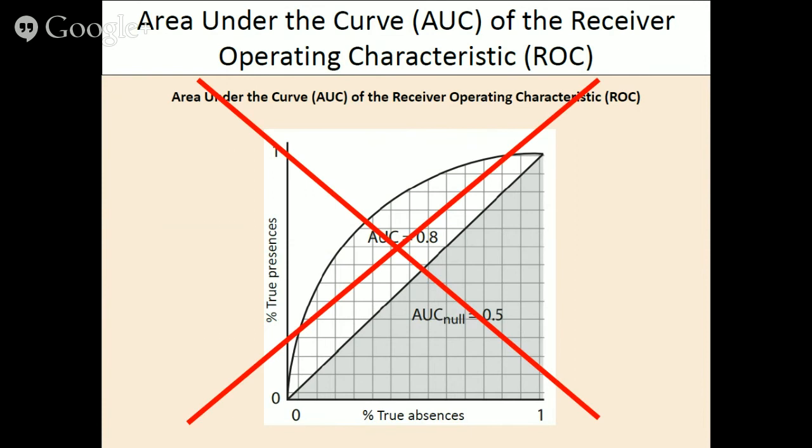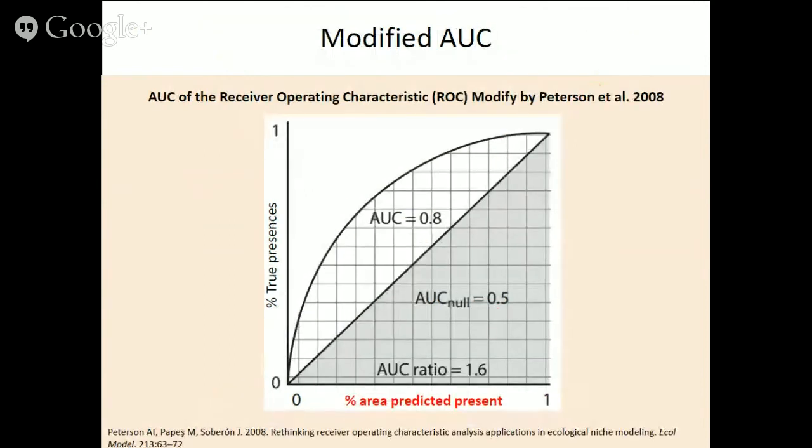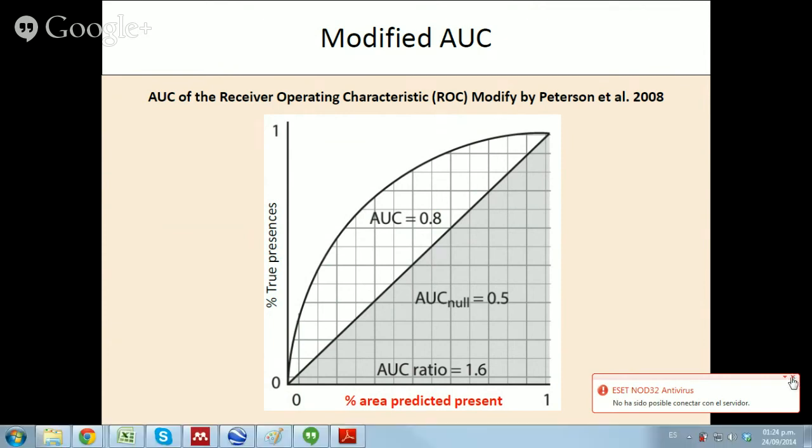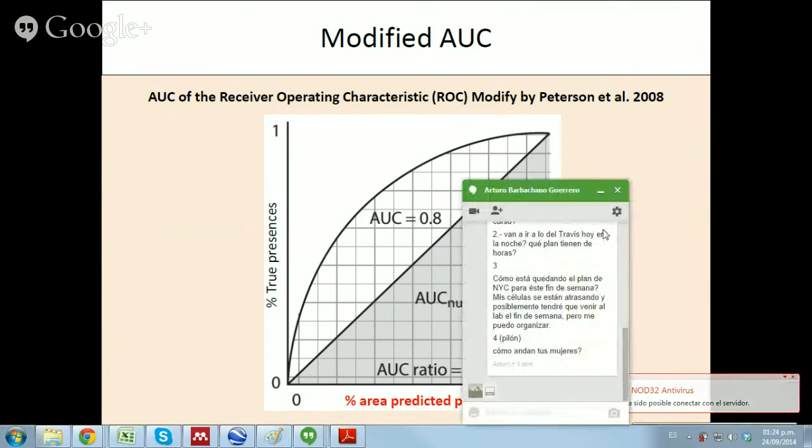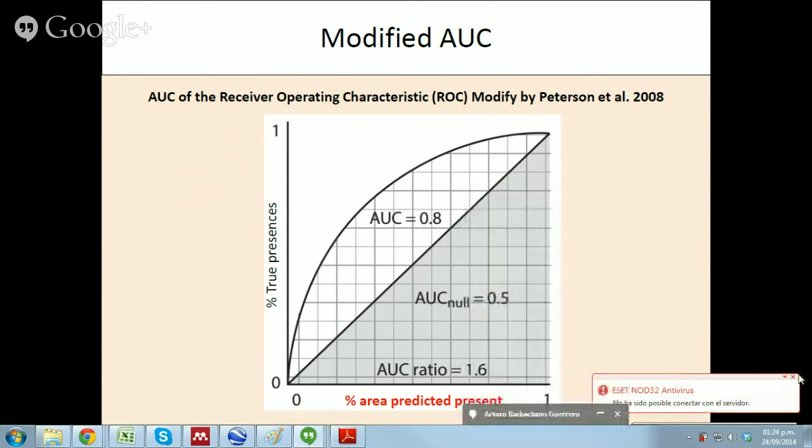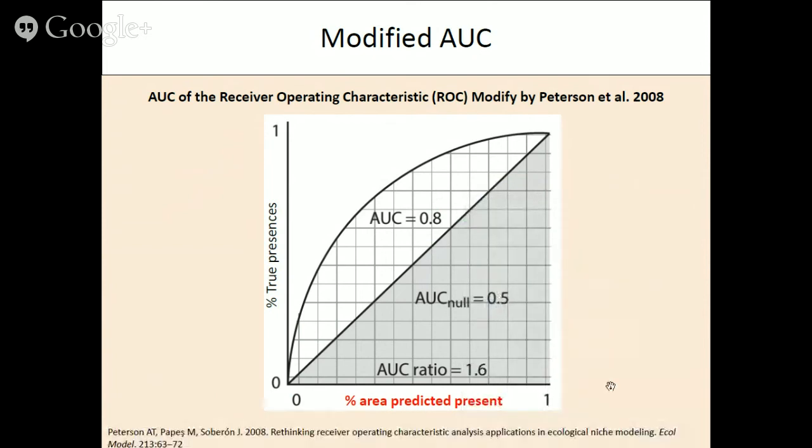So we are going to avoid this measure, and we are going to use a new version of this measure proposed by Peterson and colleagues, in which the commission error is not used anymore, and what we are going to use is the proportion of the area predicted present.